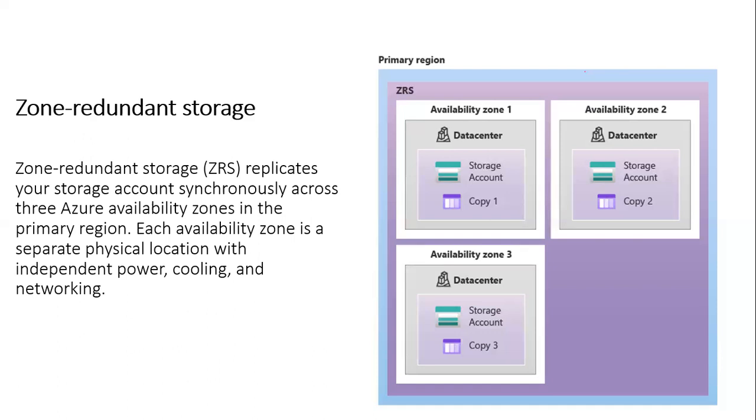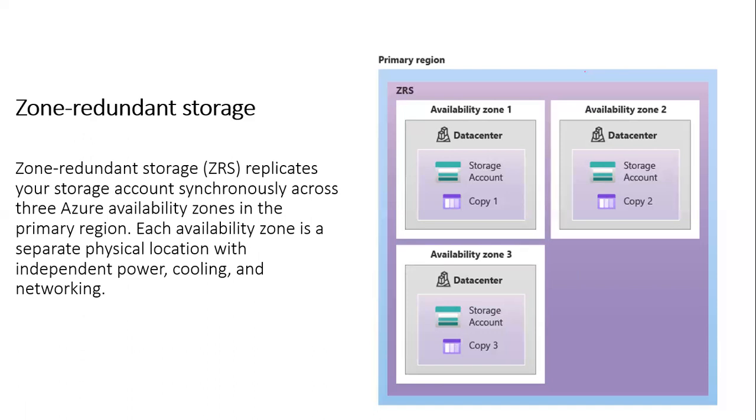So in that case, there are two more copies, one in Hyderabad and one in Bangalore, because these are separate physical locations with independent power. The power which is powering the data center is different, the cooling systems are different, the networking is different, so everything is independent. These three are not interlinked in any way in the sense of storing the data.